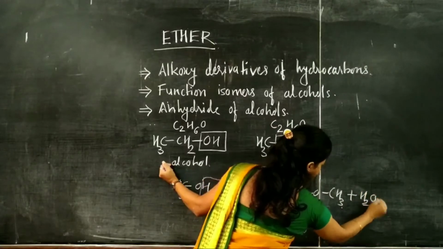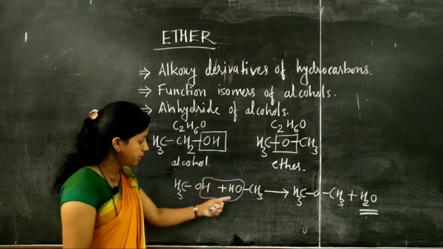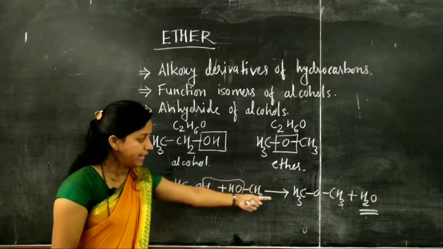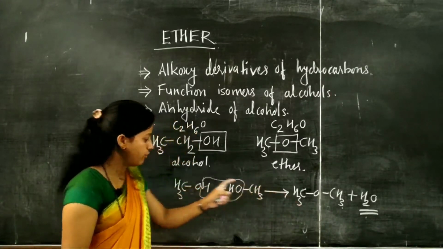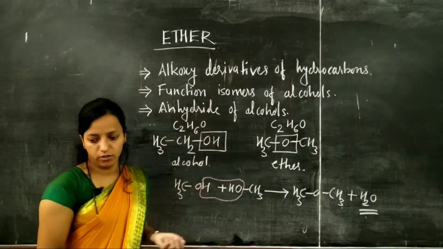So there is elimination of H2O, a simpler molecule. Because of that this is called an anhydride, the anhydride of methanol. So commonly ethers are called anhydrides of alcohols.